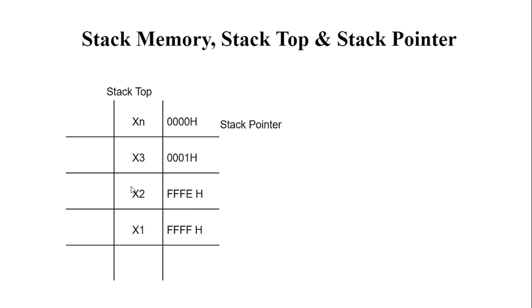So that's why the second content is stored above x1. So the address of x2 is nothing but FFFEH. Similarly, if you want to store the next content, you store it above x2, that is in the place of x3.